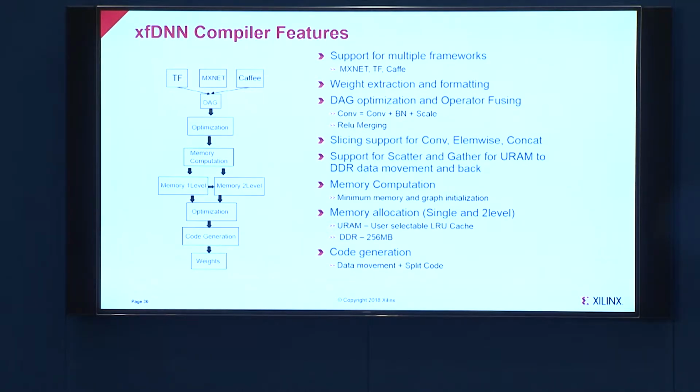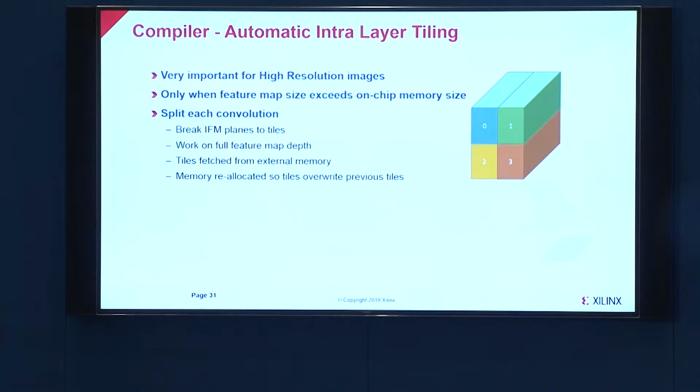When you are doing inference, you can reformat your weights in any way that is more suitable for your engine. Then DAG optimization, so operator fusion is the next step. But the main thing is it is trying to schedule your instructions so that most of the time you can use the on-chip activation memory for your computation, okay? And this is really the core part of the compiler.